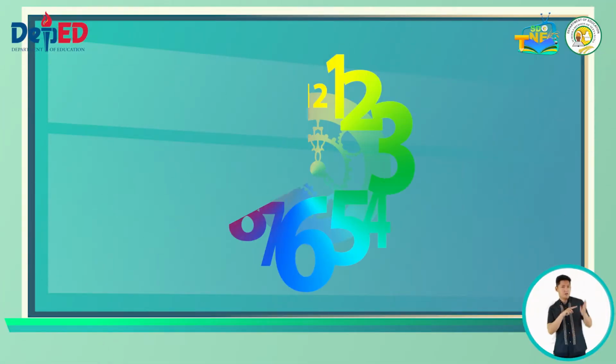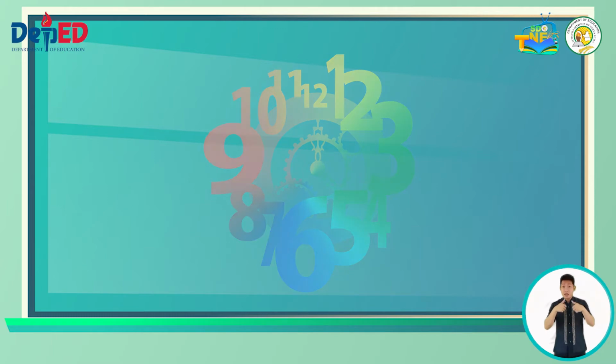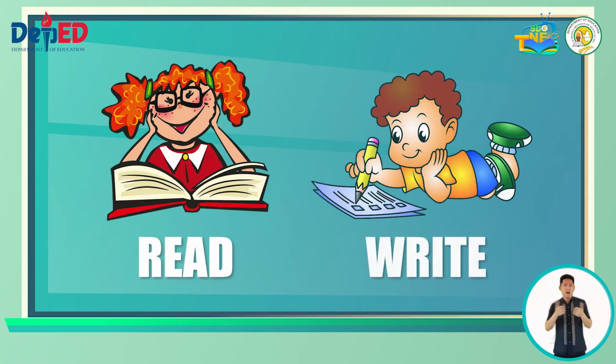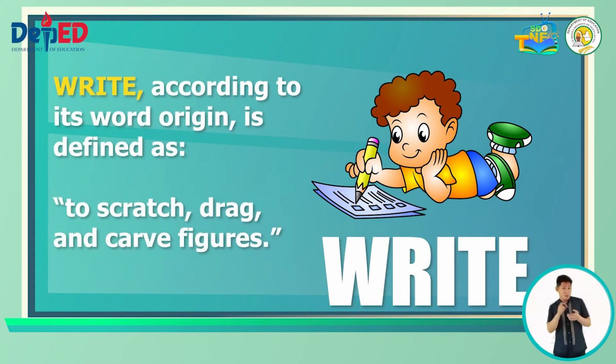As we begin our main topic, let us first travel back to the days when you are still learning how to read and write. What is the word write? Write, according to its word origin, is defined as to scratch, to drag, and carve figures.